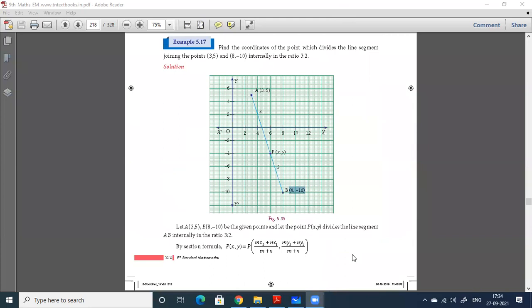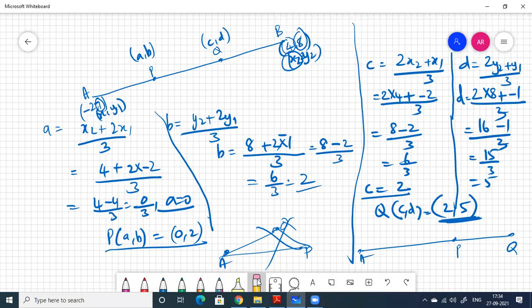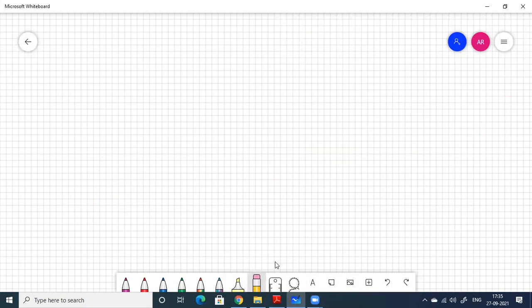Now let us go and do it on the screen. Example 5.17. So these points are given, that divides the line segment internally 3:2.